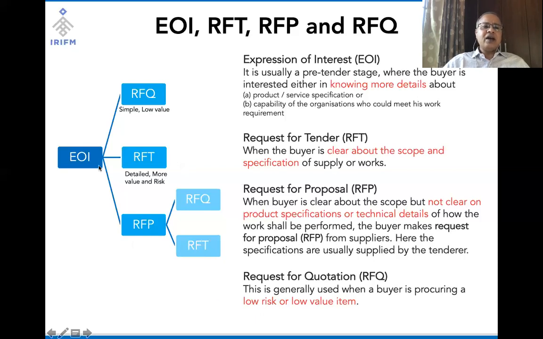So EOI and RFP could essentially be very similar, could mean same things, and they should ideally lead to request for quotation or request for tender. So if you evaluate, very often we are going to come across these four terms.